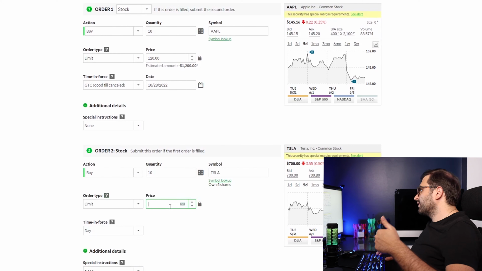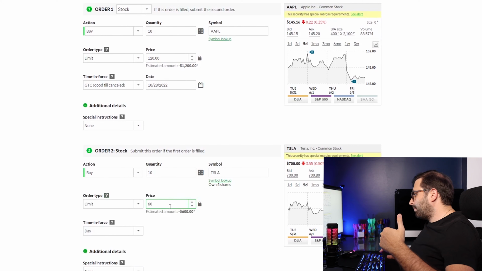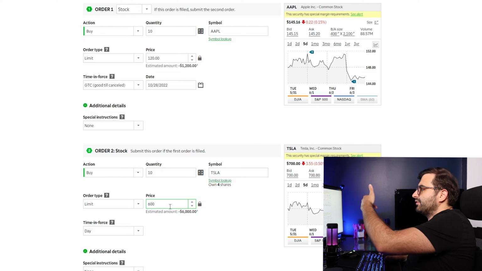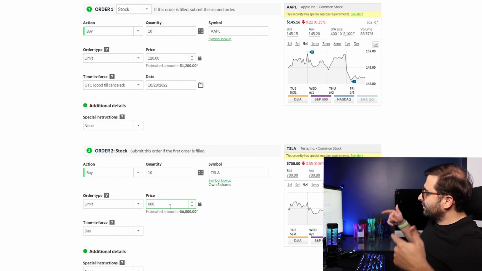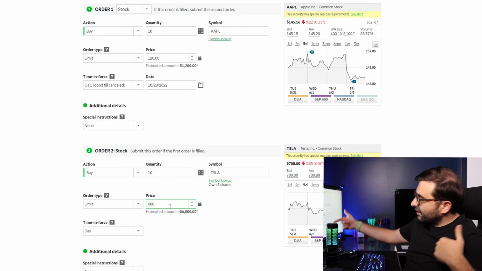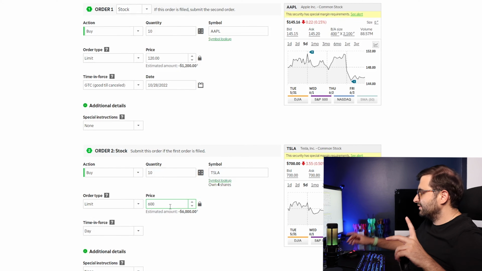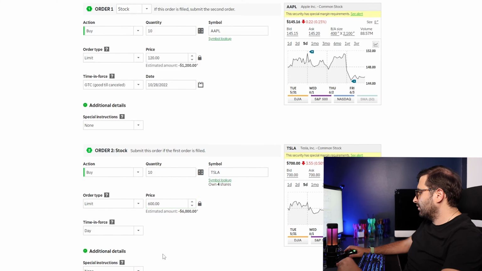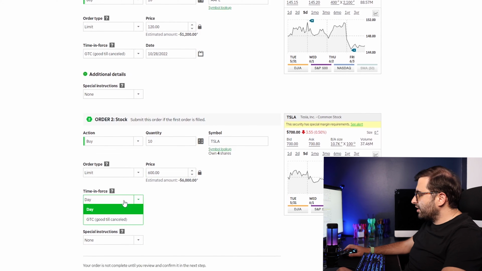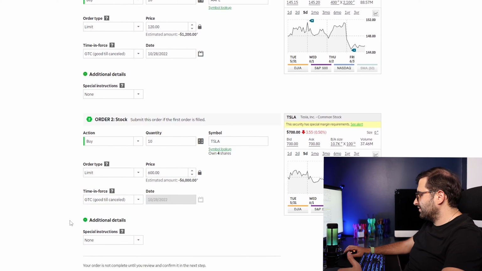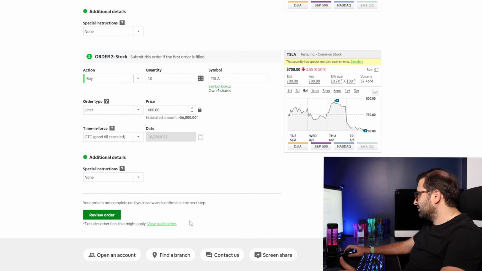And also, if I can buy Apple from $120, I would like to also buy Tesla from the $600 level. So this is very important. So again, you can change time in force this time, but I will keep it GTC as the same date. It will become automatically selected.